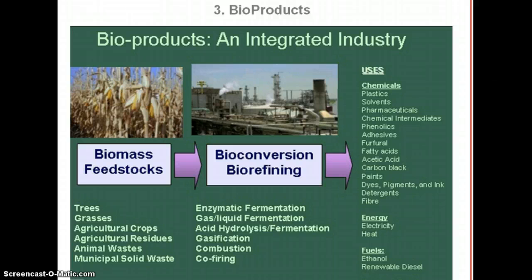Okay? Solar doesn't make plastic. Wind doesn't make plastic. But biomass does. So when you think of energy use in the world, remember that you had three main things: transportation, electricity production, and industry. And we haven't talked about an alternative to industry, and that's a huge thing.